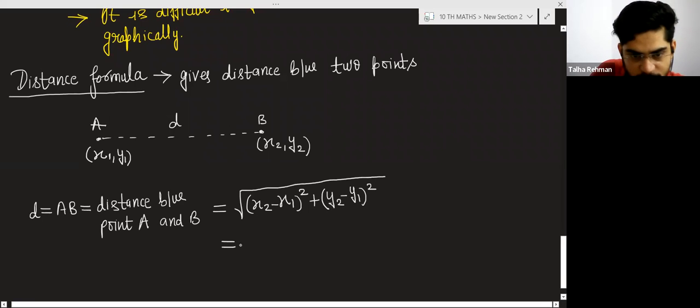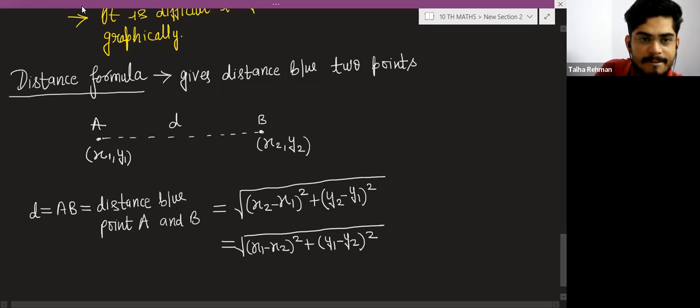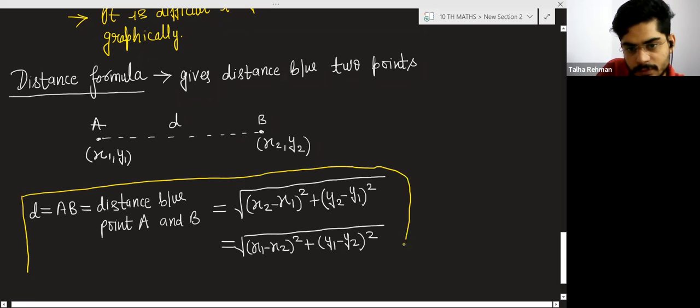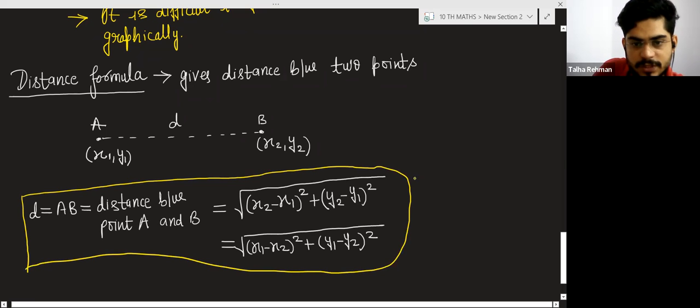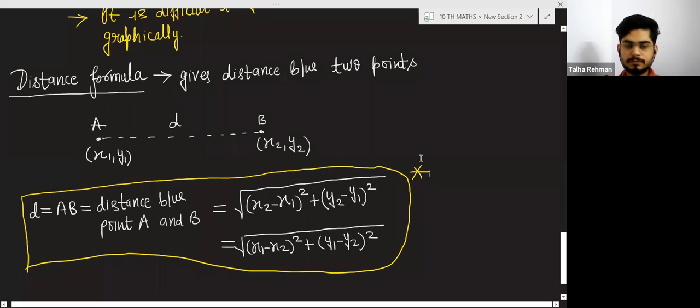Or you can write this formula either x1 minus x2 whole square plus y1 minus y2 whole square, depending upon how you want to write this formula. So this is the distance formula, a very important formula.